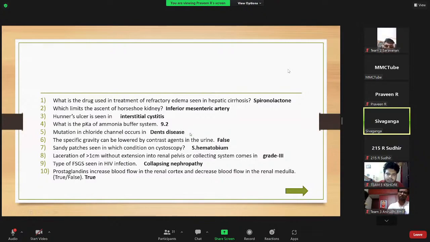Sixth one is false, you didn't answer. Seventh one, Schistosoma haematobium, right. Eighth one is grade 3. Ninth one is collapsing nephropathy, correct. 10th one is true, correct. You answered 6 questions, 60 marks. Team, move to the hyperlink slide.